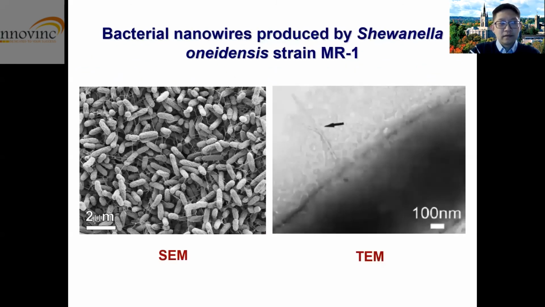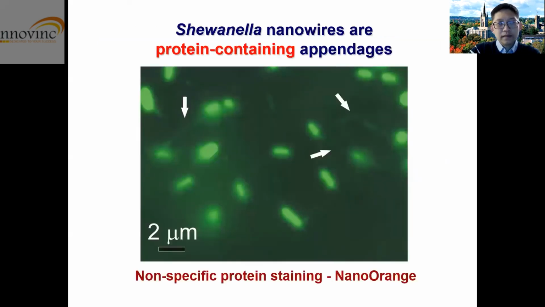This is an image of SEM and TEM. Under SEM, you can see bacteria grow nanowires and form a network in the biofilm. And we also stained the bacterial nanowire, showing that bacterial nanowire is protein nanowire.